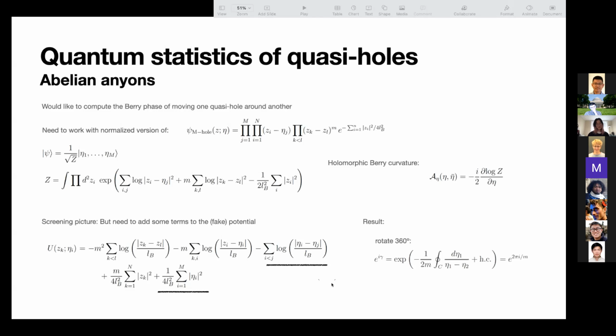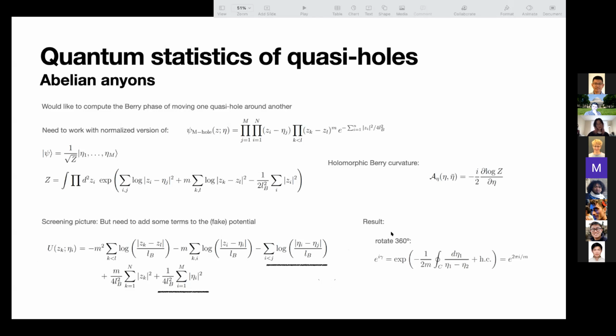That means if we replace the original potential by the corrected one, the resulting fake partition function doesn't depend on the position of eta.